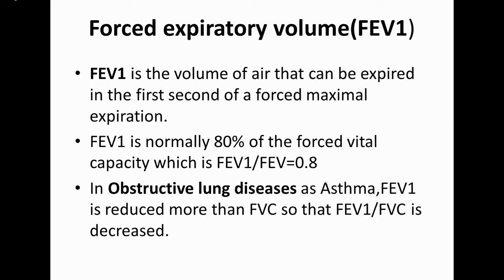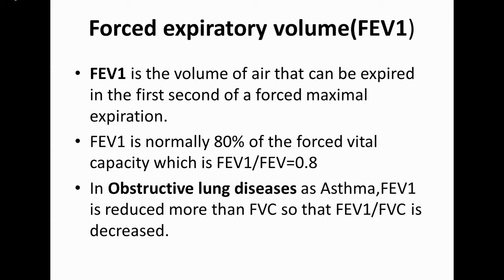It is the forced expiratory volume within 1 second, and by calculating it, we can know which disease has occurred, whether it's an obstructive type of lung disease or a restrictive lung disease. FEV1 is normally 80% of the forced vital capacity. So if we divide the forced expiratory volume by the forced vital capacity, we can calculate it.